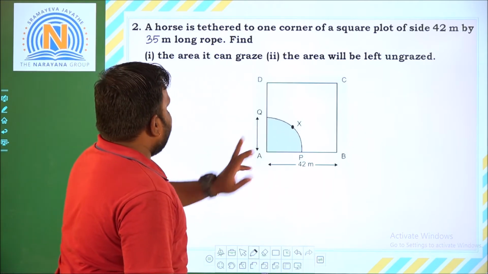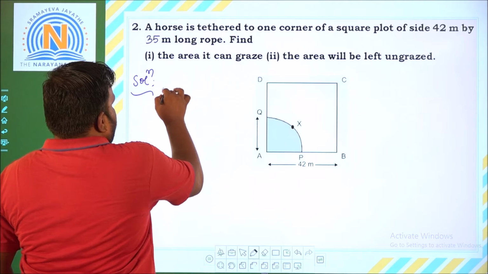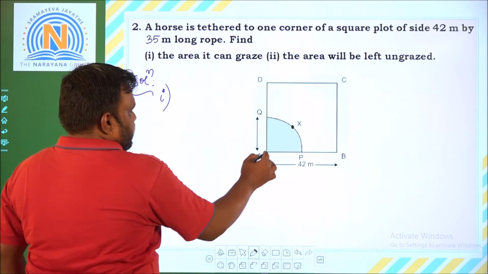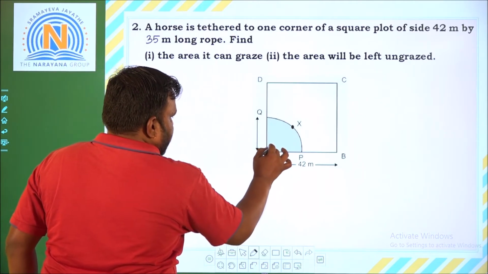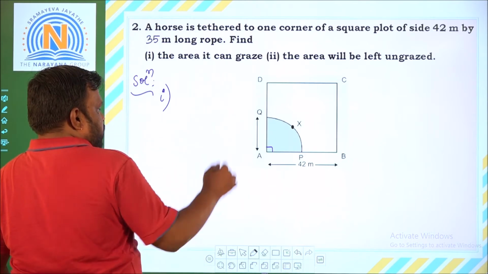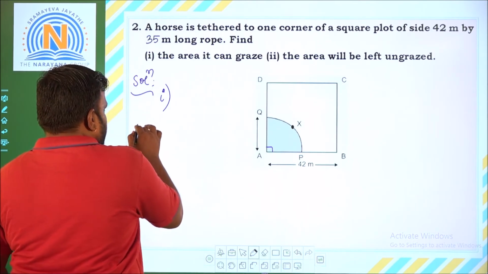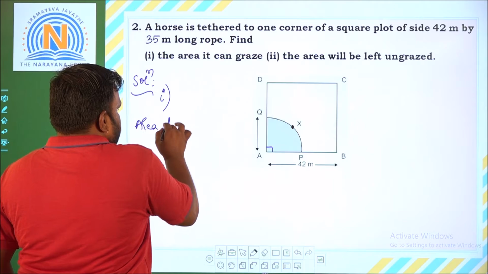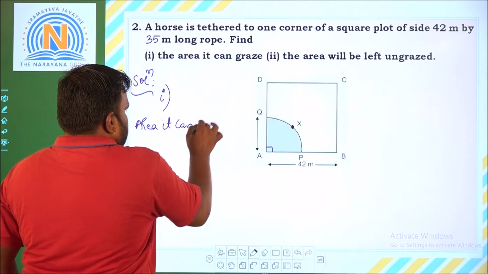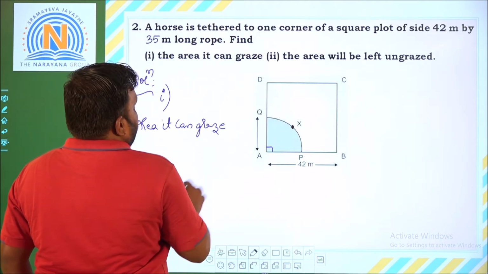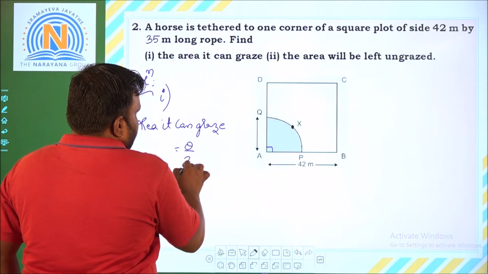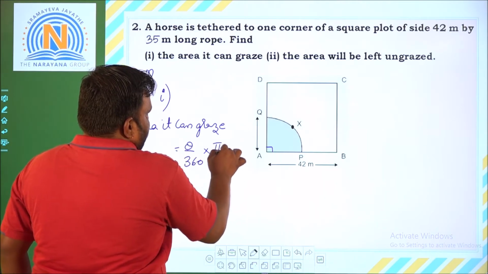First let us find out the area it grazed. Since this is a square plot, the angle here will be 90 degrees. So the area it can graze is nothing but the area of the sector, that is theta by 360 into pi r square.